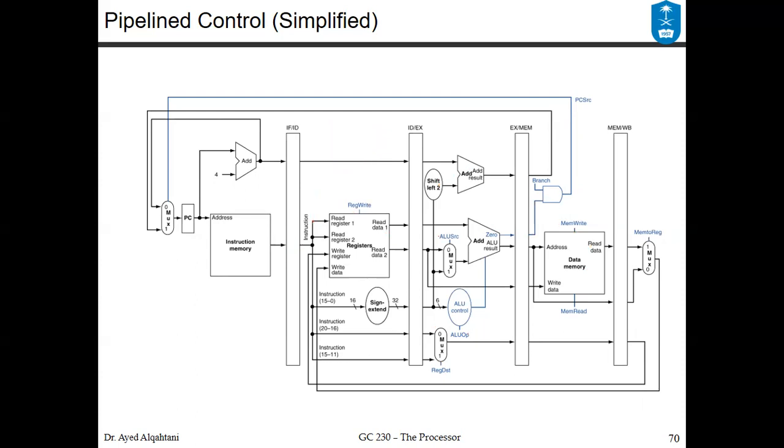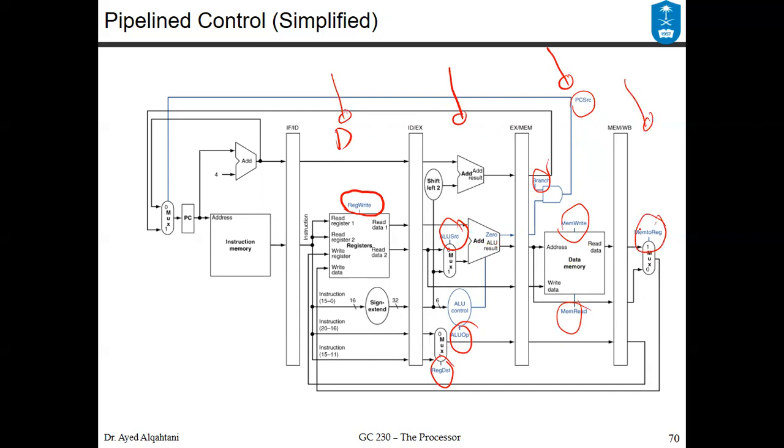But at this point, you need to be aware that in the decode stage, we need to give the instruction its register write. In the execute stage, we need to worry about these controls. In the memory stage, we need to worry about the branch, the branch source, and the memory write and memory read. And in the write back stage, we need to worry about the memory to register control.